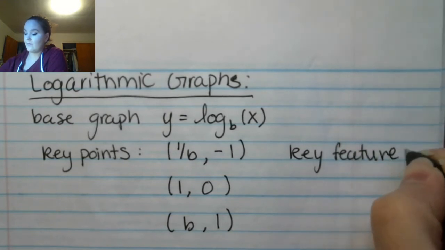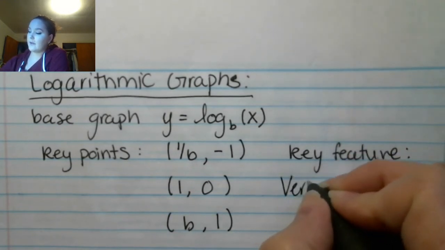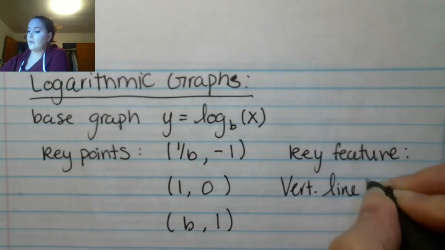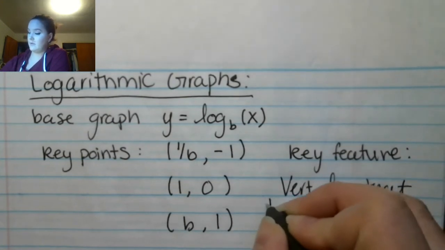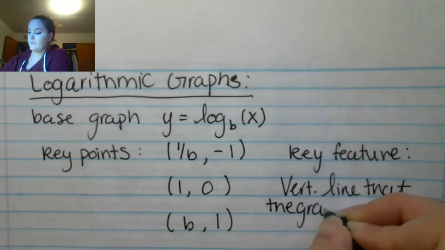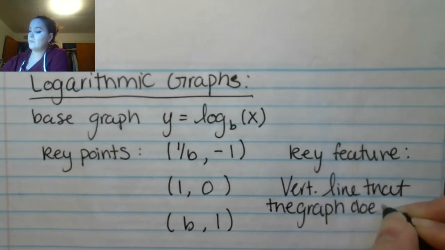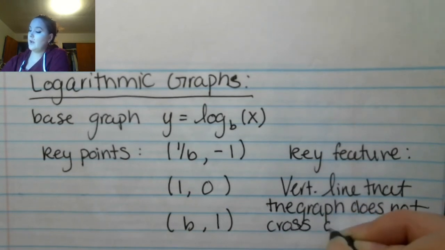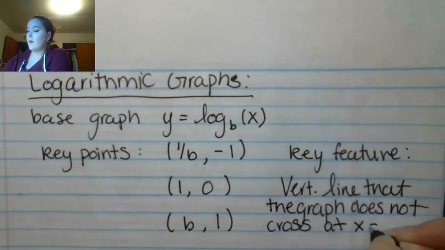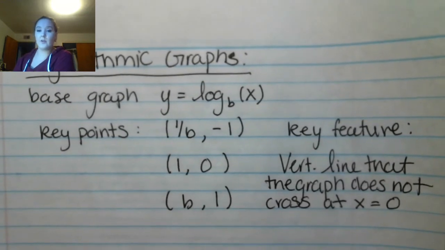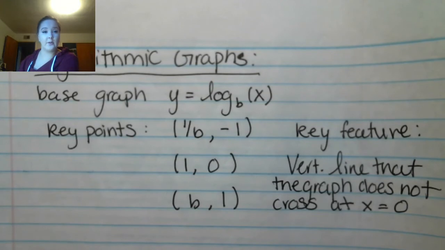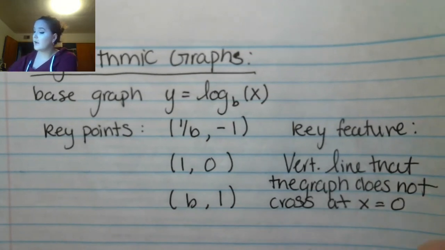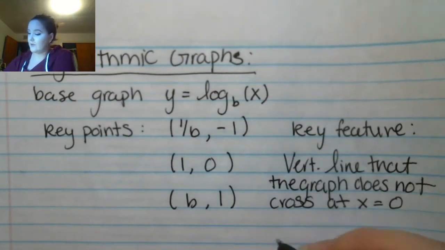There's a vertical line that the graph doesn't cross, at x equals 0. And this is called a vertical asymptote. Same word, asymptote, describing a line that the graph goes towards but doesn't cross, but this time it is vertical, up and down instead of left and right.